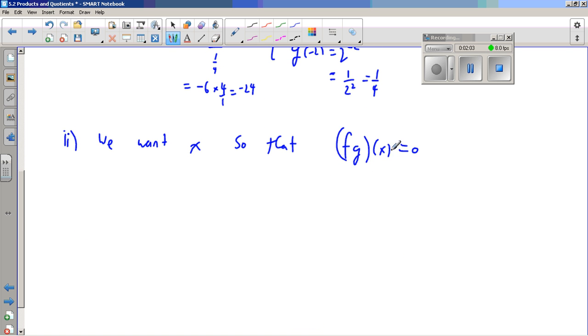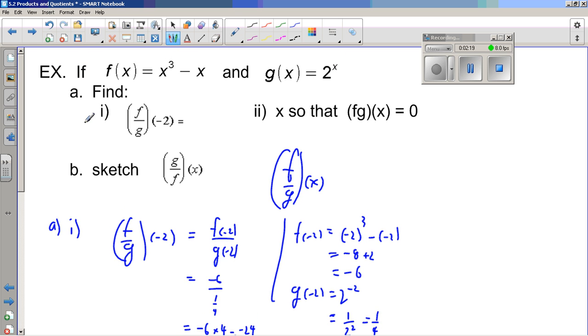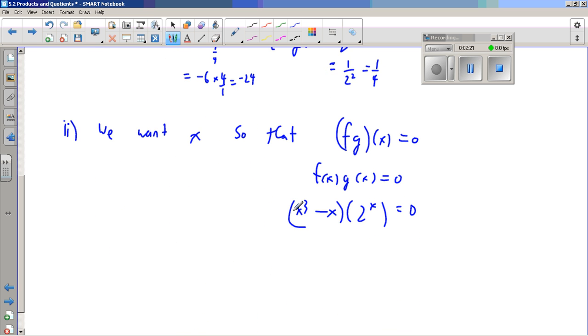This part here, by definition, is just f at x, g at x equals 0. Well, f at x was this. G at x was 2 to the x, I believe. Did I mess that up? No, that's what g at x is, and that's what f at x is. And notice, now I've got two brackets, and the answer is 0.